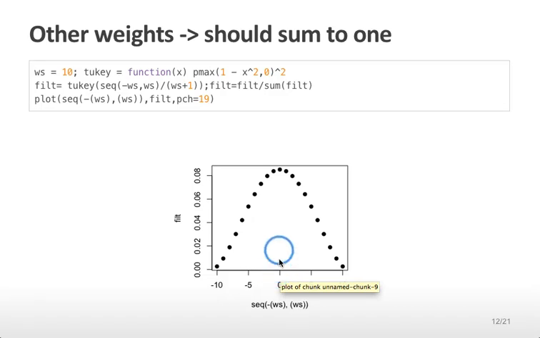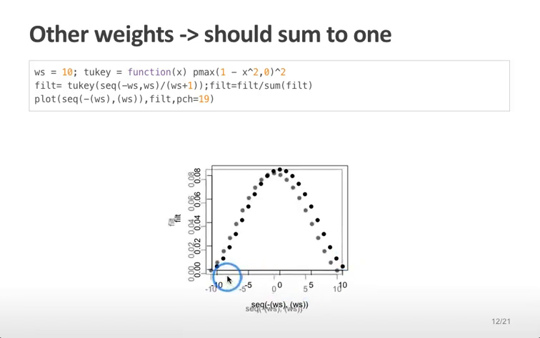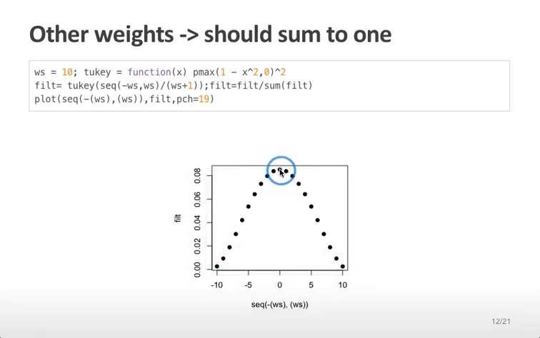We would apply the weight 0.08 to time point 0. Then we would move 1 unit in either direction, multiply by these weights, 1 unit in either direction, multiply by these weights, and so forth. Until we were 10 units away, we would be multiplying by a much smaller weight. So what this does is it averages points that are close to the center with higher weights and points that are farther away from the center with lower weights.